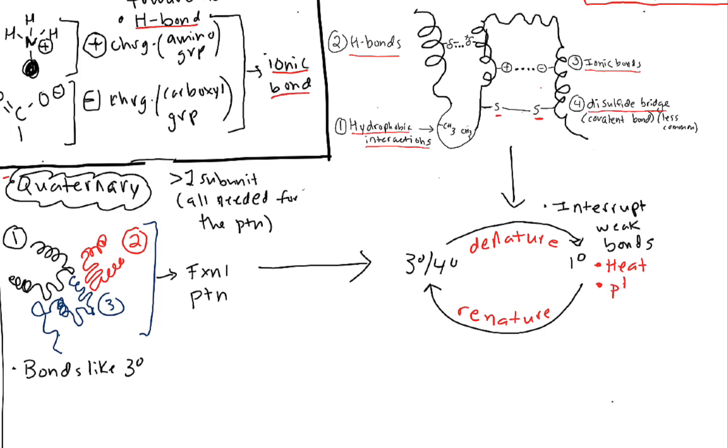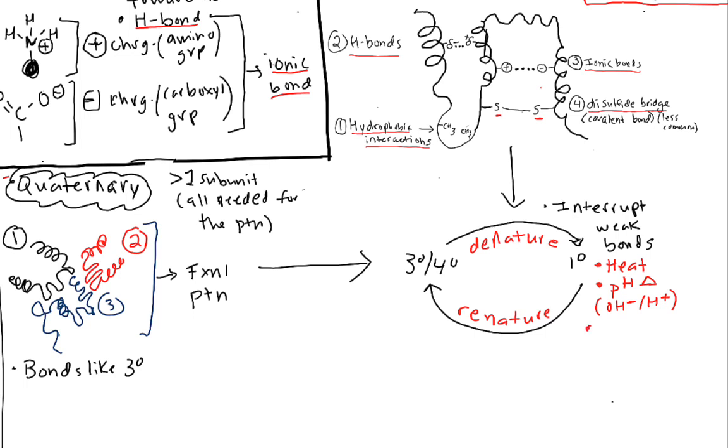What else? We have pH changes. The delta, this little triangle, is an uppercase delta. That means change. So pH changes, and why is that? Because of those ions. So you've got the hydroxide ions and the hydrogen or hydronium ions. Those are charged, so they can get in between the other charges and interrupt those.